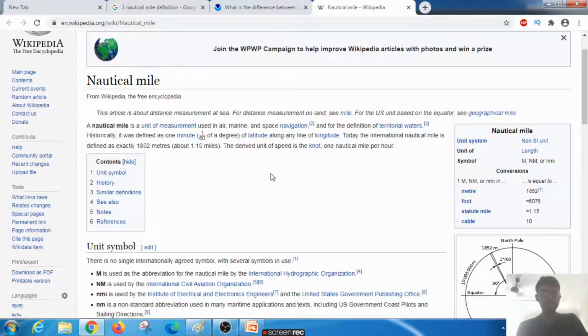A nautical mile is a unit of measurement used in air, marine and space navigation and for the definition of territorial waters. Historically, it was defined as 1 minute of latitude along any line of longitude. Today, an international nautical mile is defined as exactly 1852 meters.